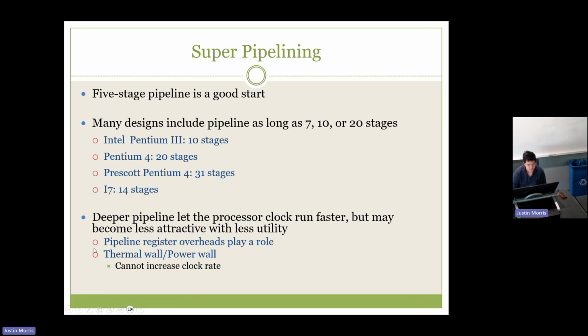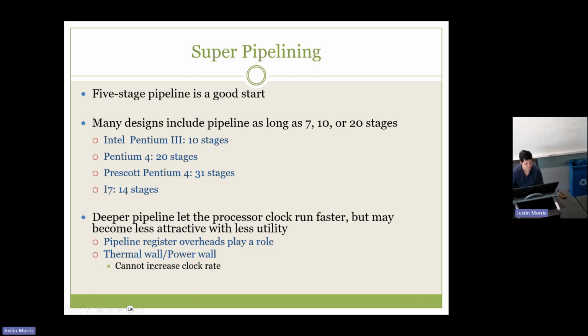And then once we get to a point, pipeline register overheads, because you have to have that clock to queue, and it's going to have your timing equation. Maybe the pipeline register is taking 50, 60% of the overall cycle time. Okay.